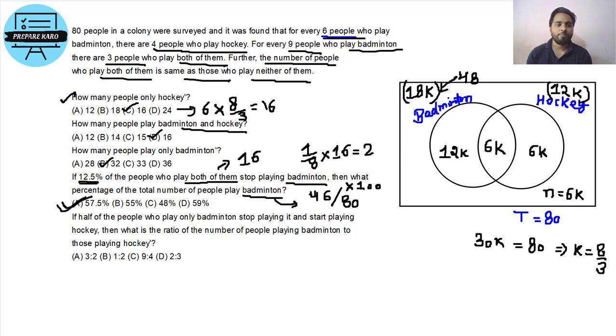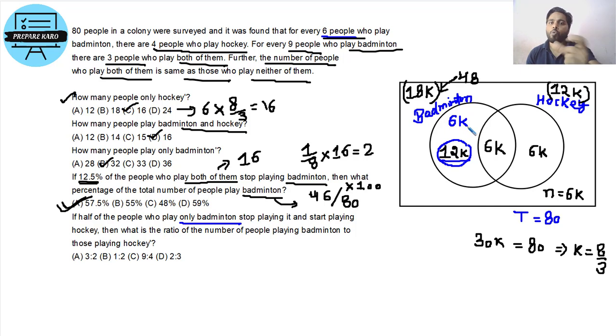If half of the people who play only badminton, how much is that? 12K means 32. If half of 32 stop playing badminton and start playing hockey, means out of this 12K, there are 6K who stop playing badminton.